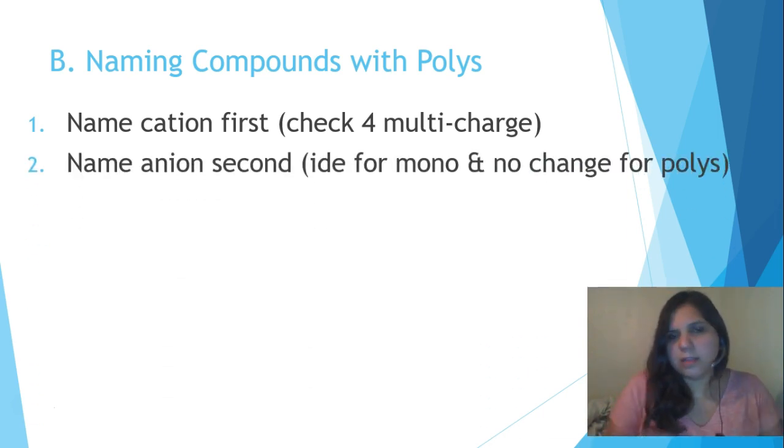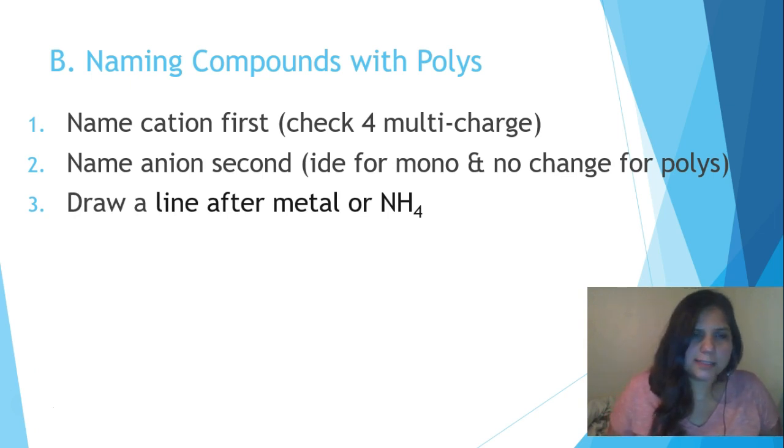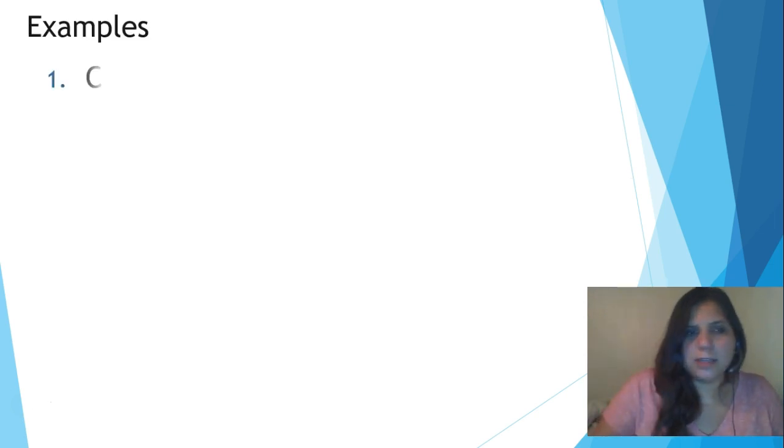Just a little note, remember that the endings for monatomic ions, those are the nonmetals, change to IDE, but if we have a polyatomic ion, we don't change the name ending at all. And just to keep track, it's easier if you draw a line after a metal or ammonium now that we're working with polyatomic ions. So you can see where the cation ends and where the anion begins. All right, so let's try these examples.